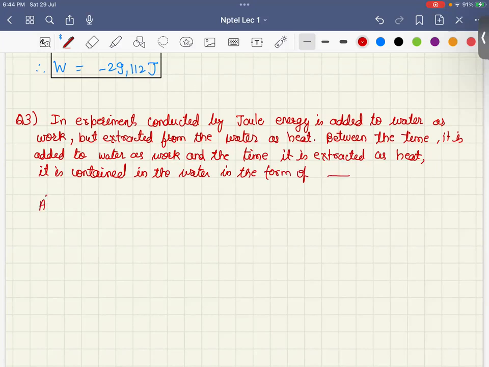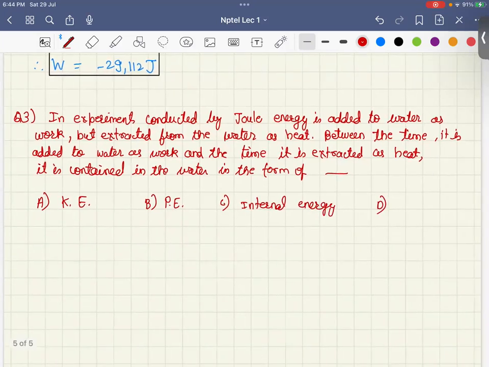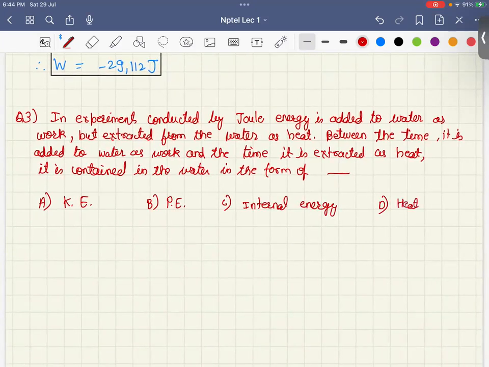The options are there. Option A is kinetic energy. Option B is potential energy. Option C is internal energy. And option D is heat. So which of the following is the correct option? I will give a couple of minutes for you to think.